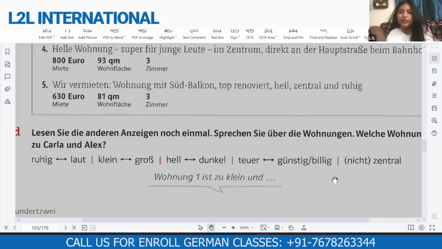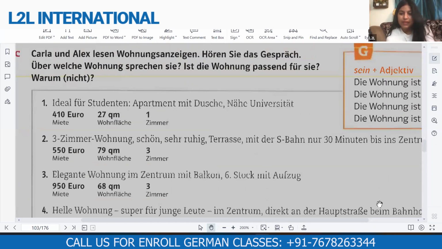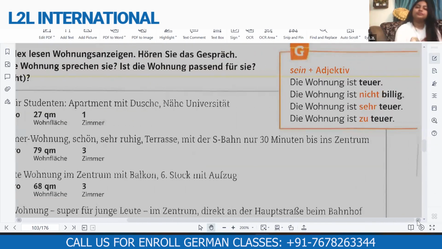For example, let's see 4 examples. Die Wohnung ist teuer. It's a normal sentence. The apartment is expensive.